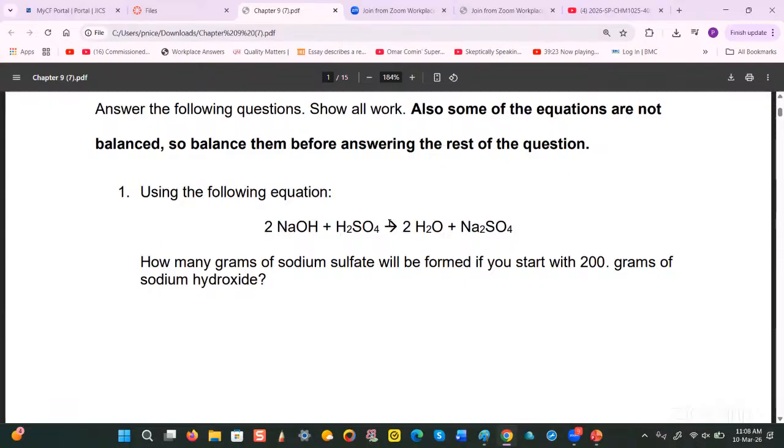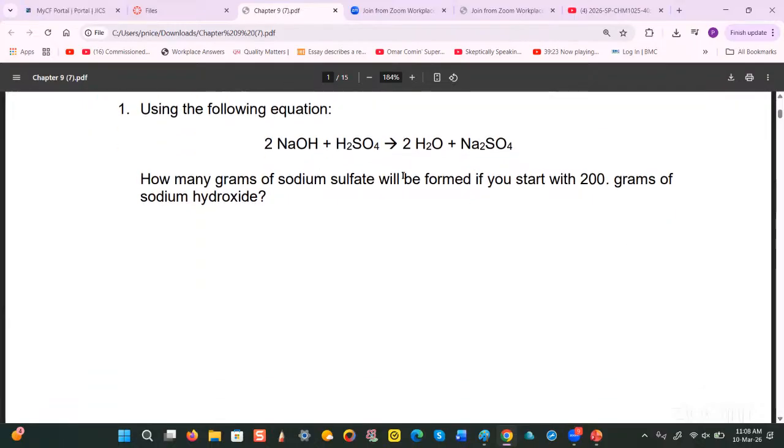Now, the first one is actually balanced, so we don't need to balance it. And the question says, how many grams of sodium sulfate will be formed if you start with 200 grams of sodium hydroxide, right? So they gave you the balanced equation. They gave you the mass of sodium hydroxide, and you're asked to find the mass of the sodium sulfate.